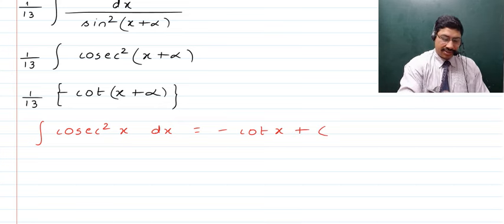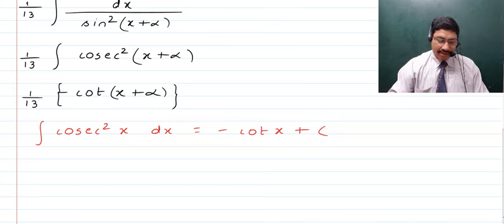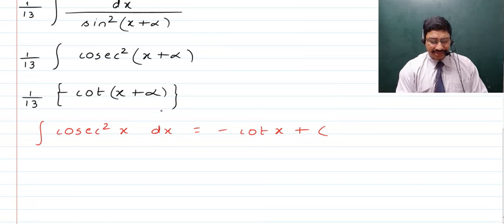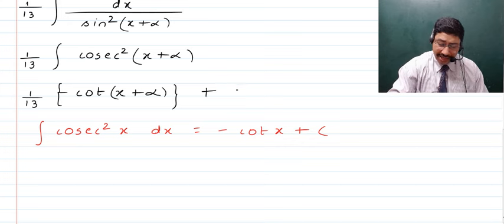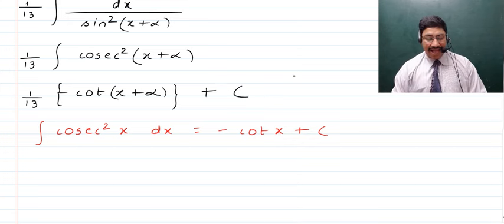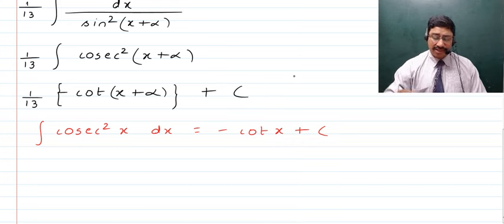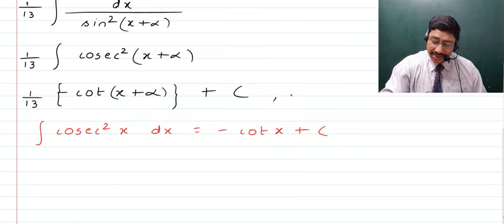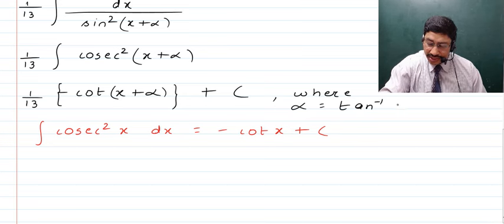So this is the formula that we've applied here. Now children, when we have finally integrated, then obviously after this we should be writing the constant of integration, and we write it like this, and this becomes the final answer, where alpha is equal to tan inverse of 3 upon 2.